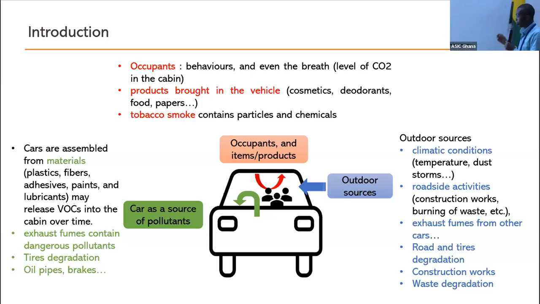And of course, we have the outdoor sources, because you can have some activities going on at the roadside, like construction works, burning of waste outside, the exhaust from other cars, the road degradation, the tire degradation, etc. So we have some sources that are outside on the roadside.